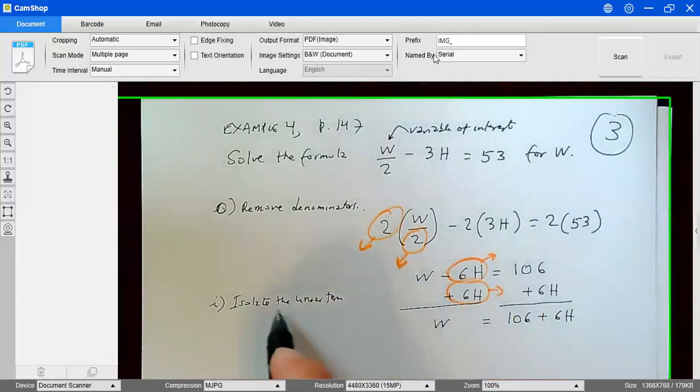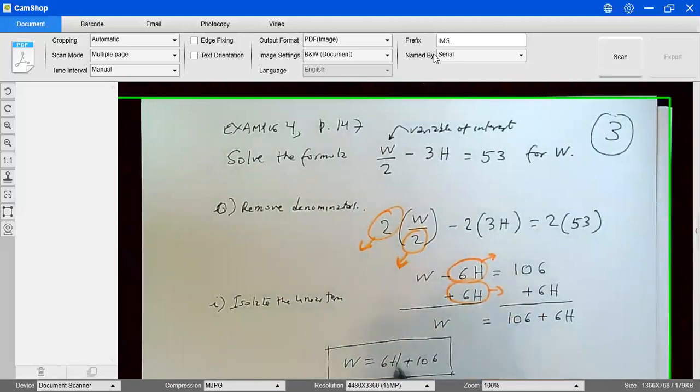So isolating the linear term also led us to isolate the variable, so the answer is just W equals, you can write first 6H and then the constant term. That's a convention to write the terms depending on the power of the variable. So this is the answer for this problem.